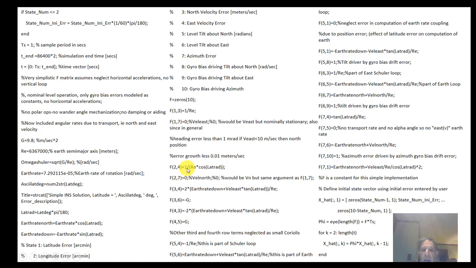The other terms are similar to those that we could see in the block diagram of the fifth slide in the simplified heuristic inertial error presentation. For instance, the derivative of the longitude error is equal to the east velocity error divided by cosine of latitude.